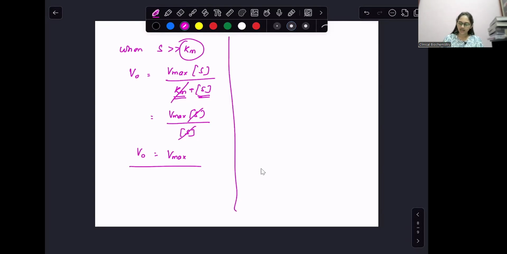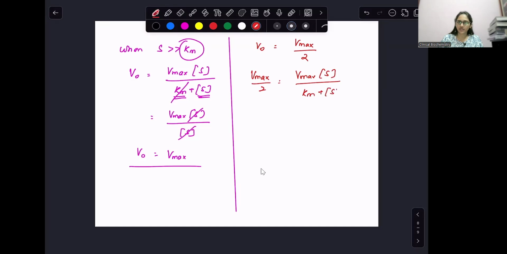Now, the second scenario is when V0 is equal to Vmax divided by 2. So when velocity is half the maximal velocity, how do you substitute here? I can substitute it again in the Michaelis-Menten equation. So V0 is Vmax by 2, which is equal to Vmax into substrate divided by Km plus substrate.